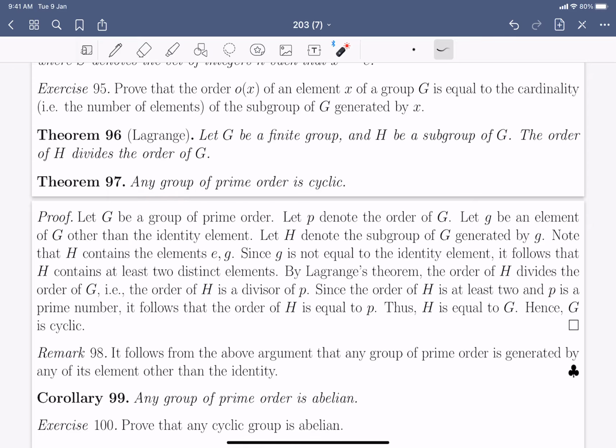It says that if you have a group of prime order in mind, then any such group has to be cyclic. It may contain 2 elements, 3 elements, 5, or 71 elements. It has to be cyclic.